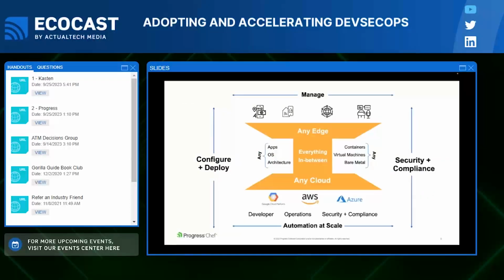And so as we look into that, there's a wide variety of environments we're working off of, right? For the longest time, it's been on-prem, and then we went to VMs, and then we went to containerization, then we went to the cloud. And so it's key to actually have something that can manage all those environments with the same methodology.